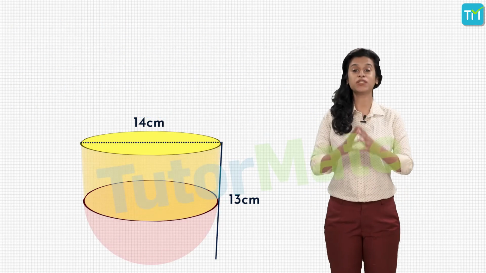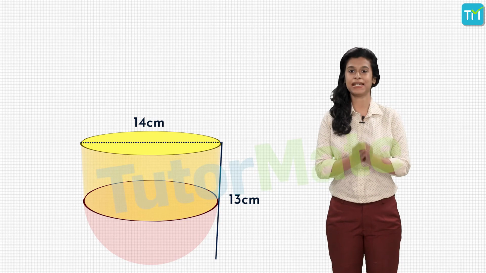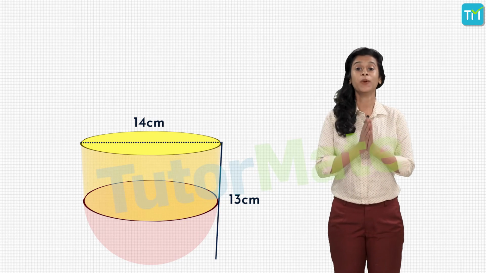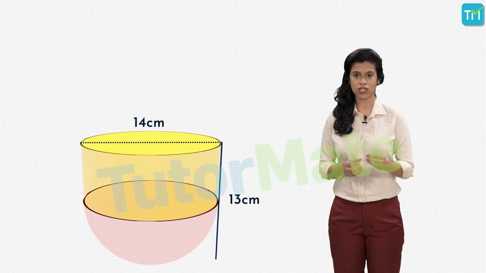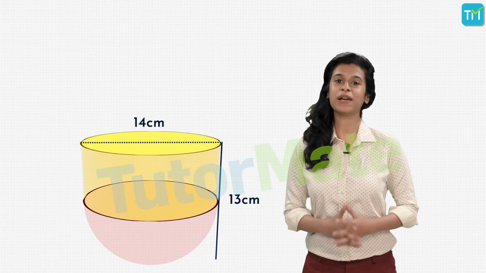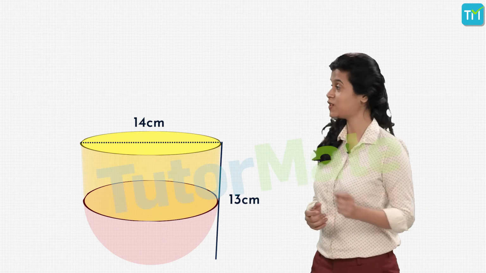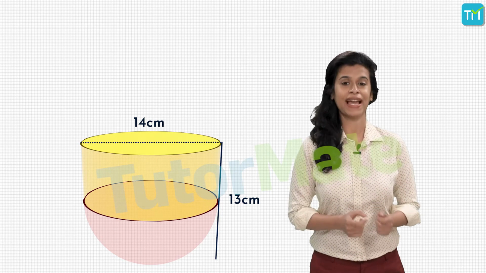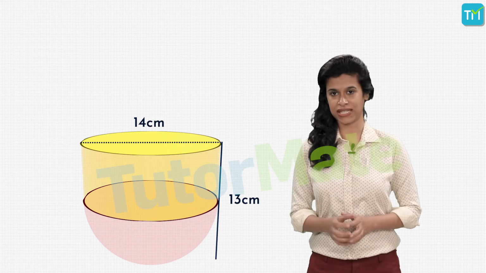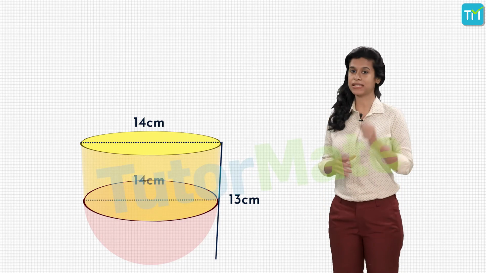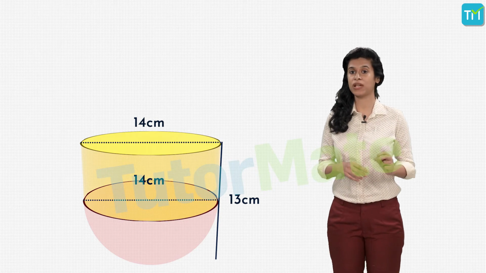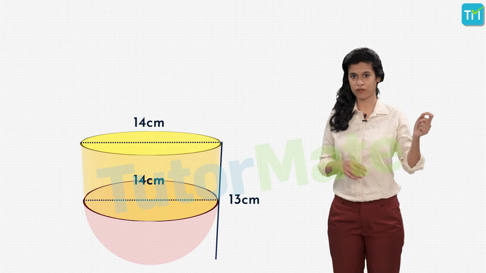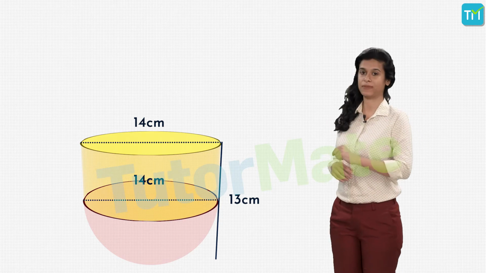First of all, we will draw the figure of the given vessel as it has been described in the problem. We know that there is a hollow hemisphere and it has a hollow cylinder mounted on it. Now, the diameter of the cylinder and the hemisphere should be equal to each other, and this has been given as 14 centimeters. The total height of the vessel is 13, which means that the height of the vessel from the bottommost point of the hemisphere to the topmost point of the cylinder is equal to 13 centimeters.